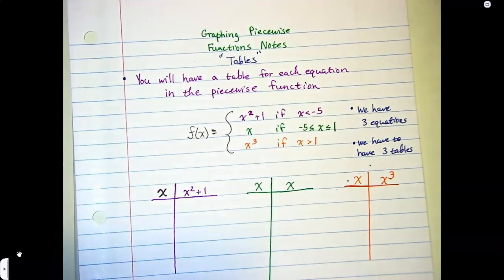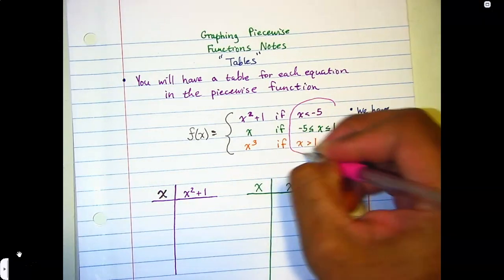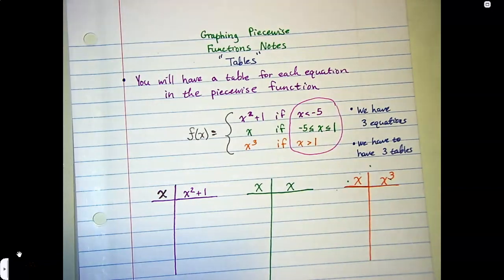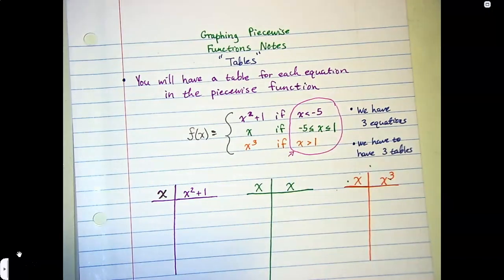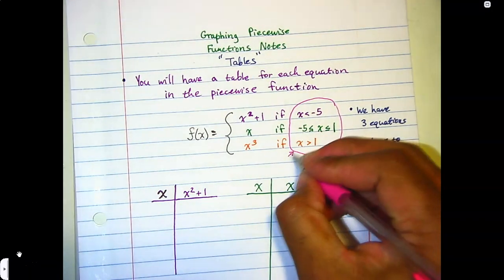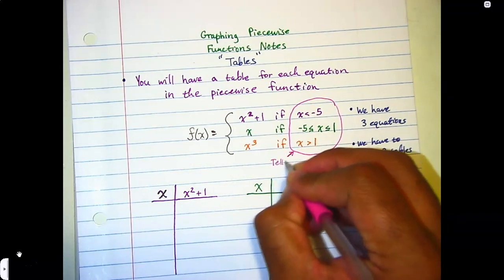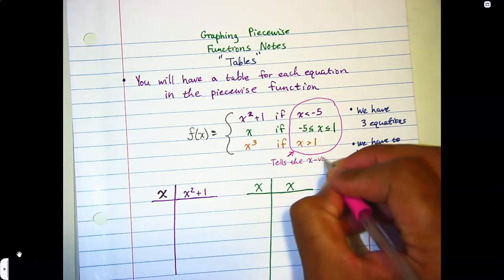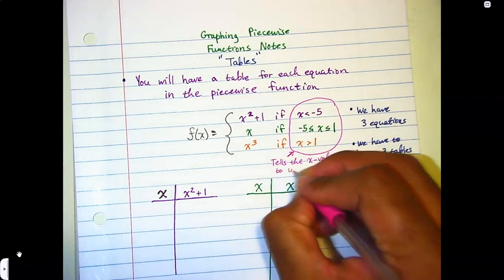Alright, now, in all this, these conditions, these intervals, these restrictions, these domains, all of these right here, just like before it told us what function to use to evaluate, but this right here tells us the x values to use for each table.